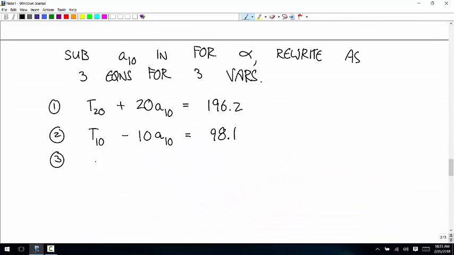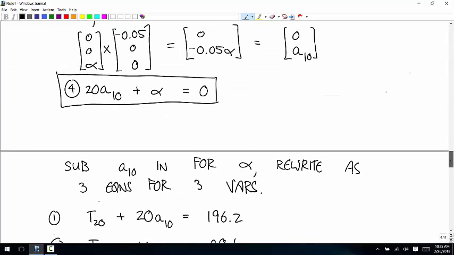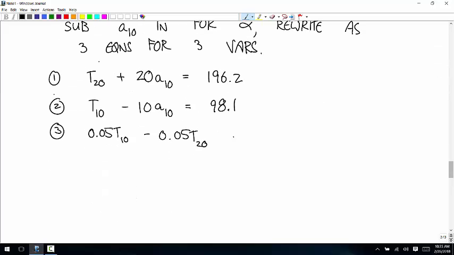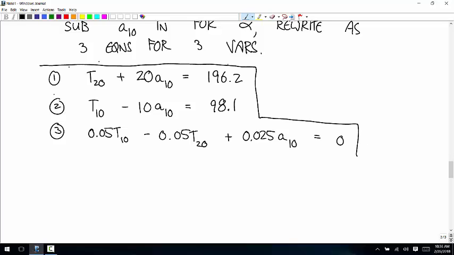Okay, so our third equation says 0.05 T10 minus 0.05 T20 plus 0.025 A10 is equal to 0. And the variables are 1, 2, 3, that's all.